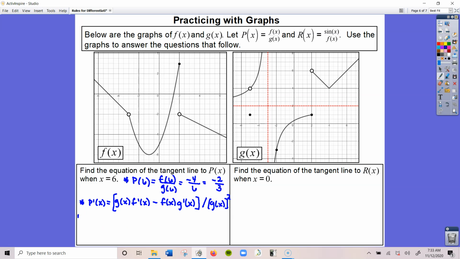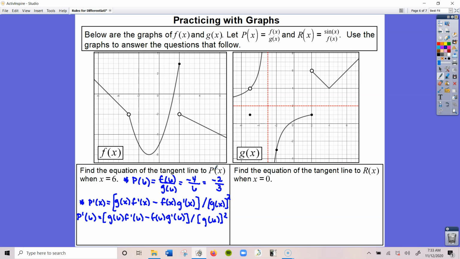Now I'm ready to plug in the 6. So p prime of 6 is going to equal g of 6 times f prime of 6 minus f of 6 times g prime of 6, and everything is going to be over g of 6 squared.